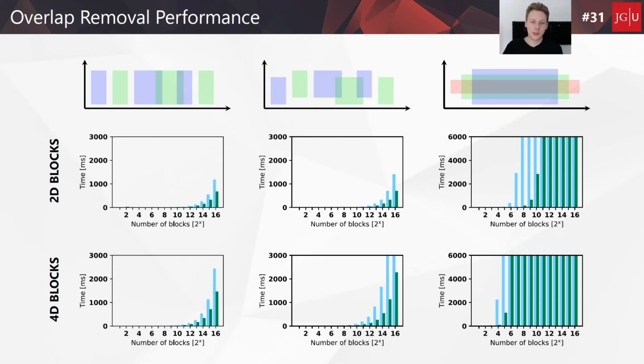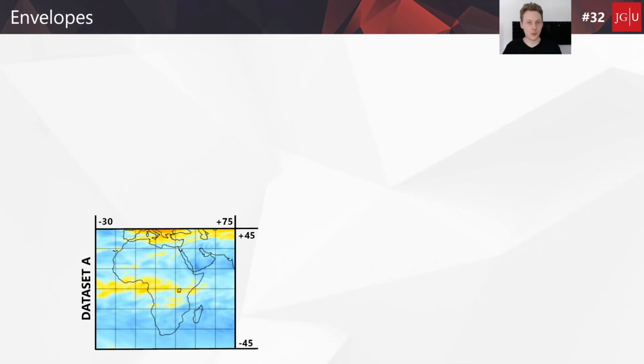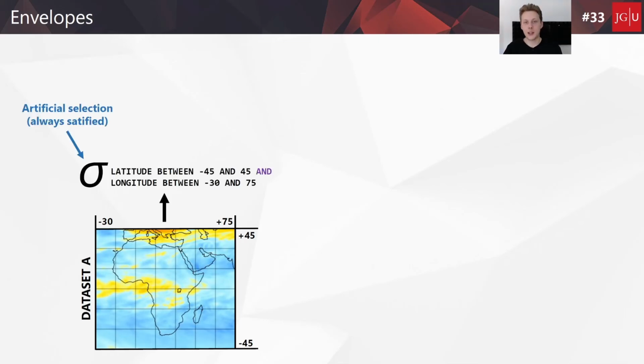Now, using the optimizations built into Northlight, you can do some tricks for query evaluation. And there's one trick I would like to show you right now, and that is what we call computing envelopes. This is a feature that's built into Northlight, and the idea is if you have a chunk of the dataset, you can compute an upper and a lower bound along each dimension, and then you feed this bound into the query itself by means of a selection.